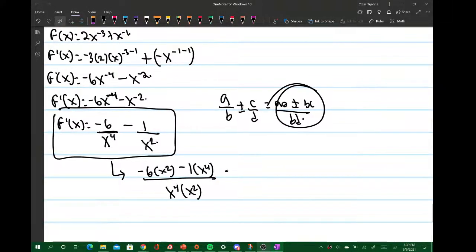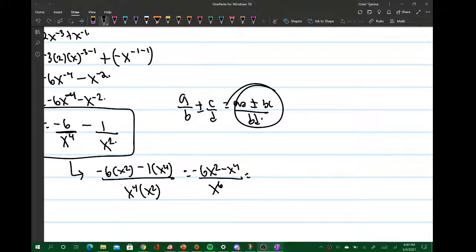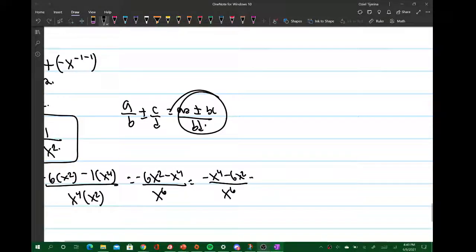So this would be negative 6x squared minus x to the fourth over x to the 6th power. And you can factor out x squared.